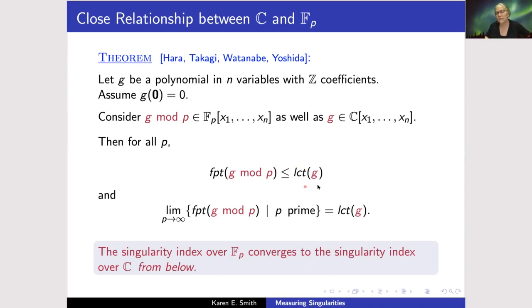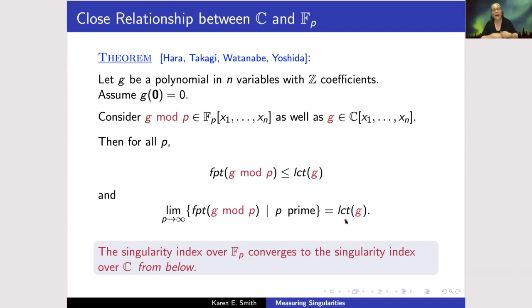So when we have a complex hypersurface, it's not necessarily quite as singular as what we would have if we reduced mod P. And not only that, even better, when I take the limit as P goes to infinity, I will always see that the F-pure thresholds are converging to the log canonical threshold.